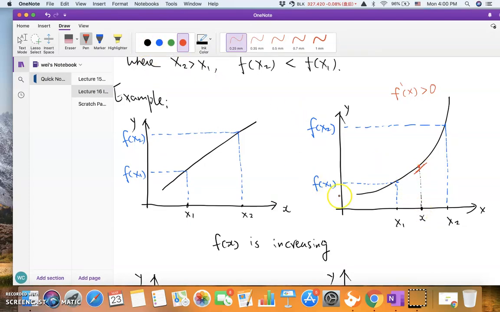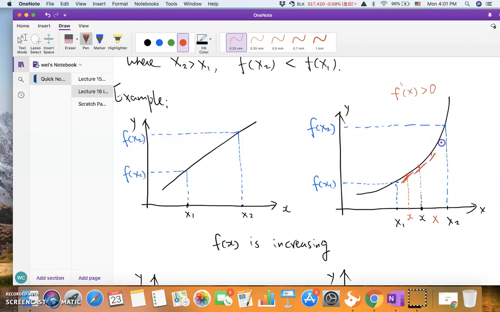Let's say another x. Okay. Now at this point, the tangent line looks like this, which is also positive. Okay, and you can see this is true for any x on this interval.